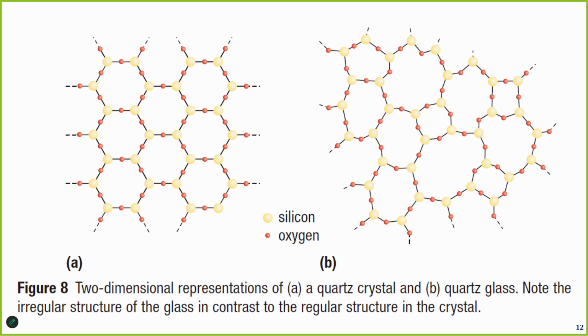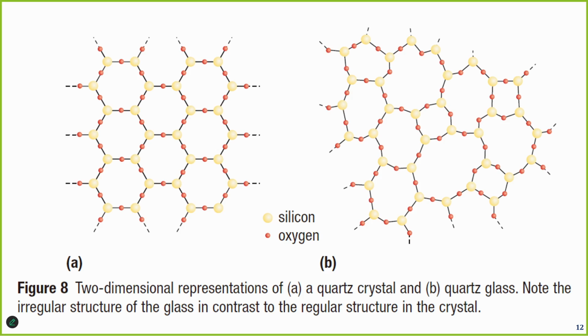This is shown here in figure 8a. Quartz forms a regular structure of molecules within the crystal. So when you heat solid silica above its melting point and then cool it rapidly, solid glass forms.